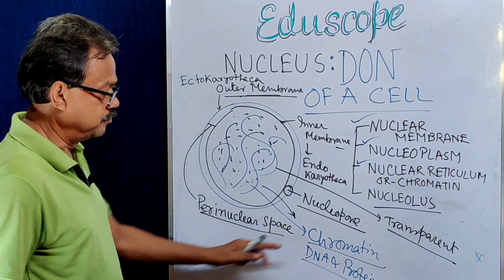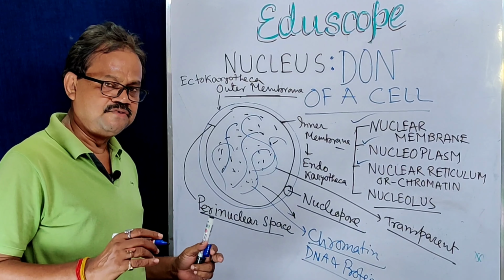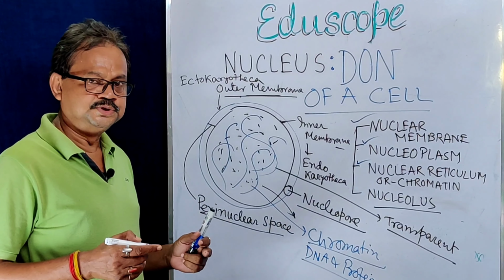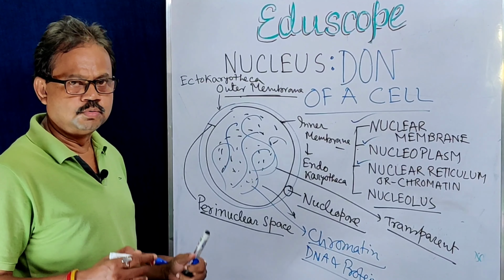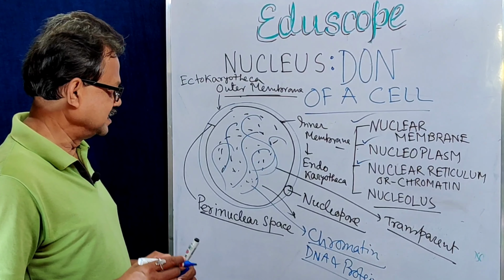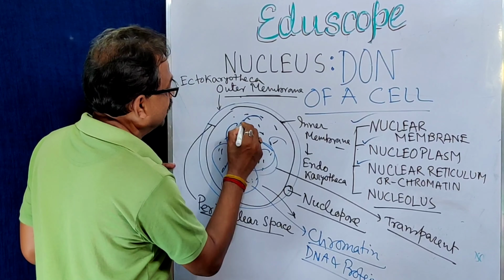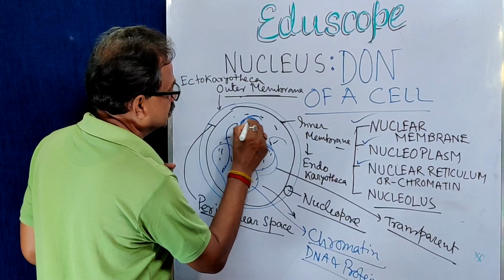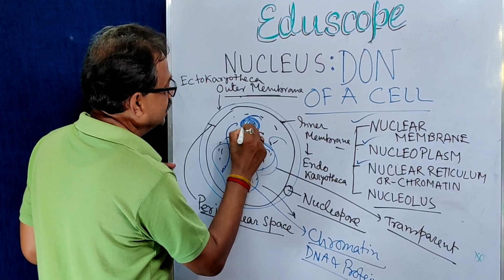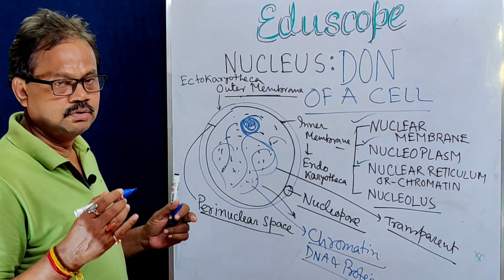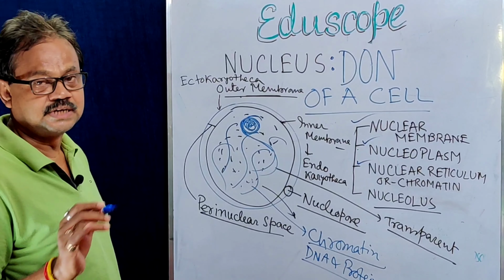These collectively form chromatin. And this chromatin fiber, at the time of cell division, coils and forms chromosomes. This chromosome contains genes. Generally the chromatin fiber contains a round-shaped portion, generally one, but in some cells 2 to 4 round-shaped portions are present.